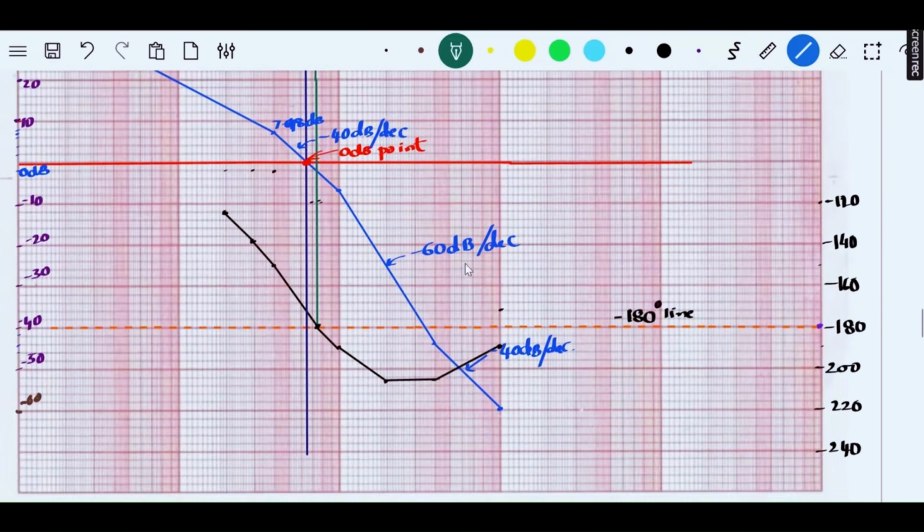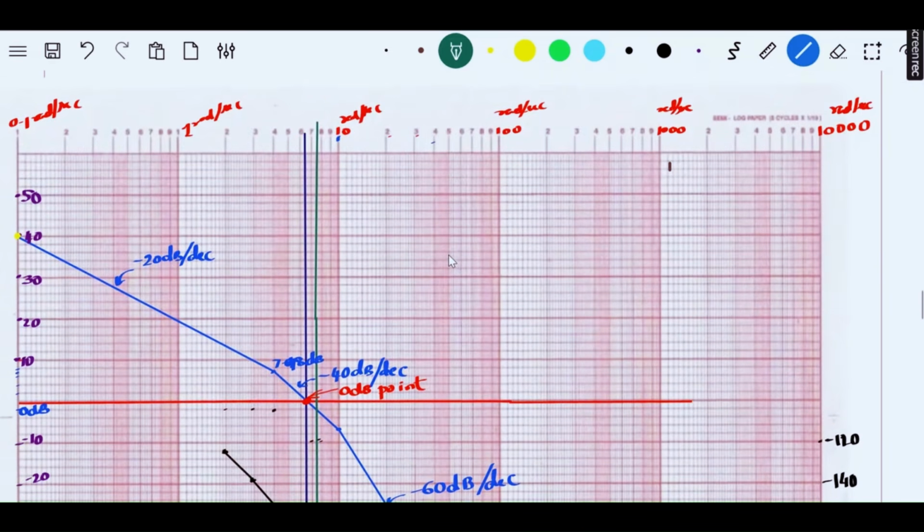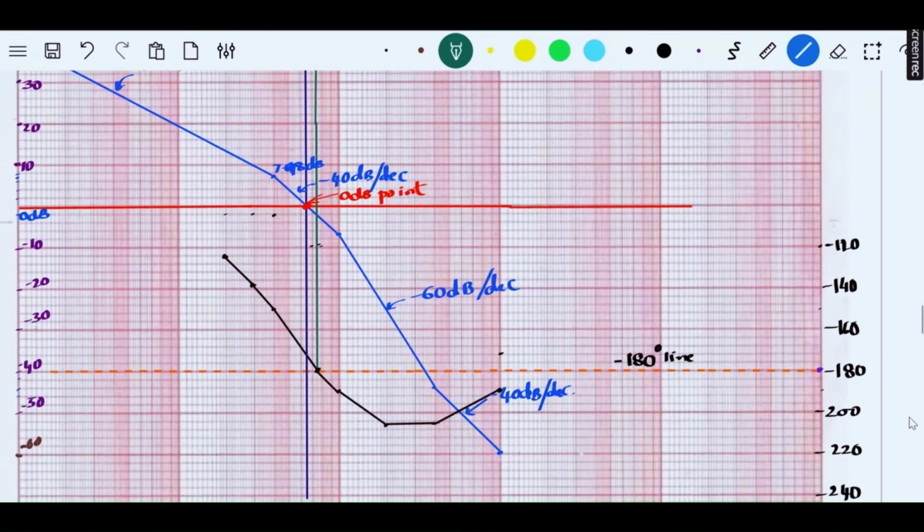Okay. Now if you see here the blue line at 0 dB, it is giving me the phase margin. You see, this is the phase margin between minus 180 degree and the phase plot. This is my phase margin. And what is the value of phase margin?